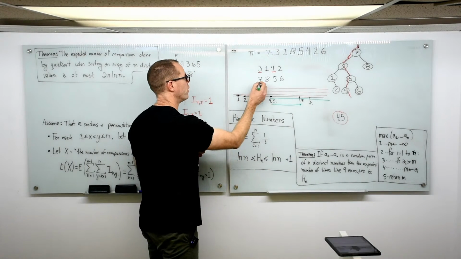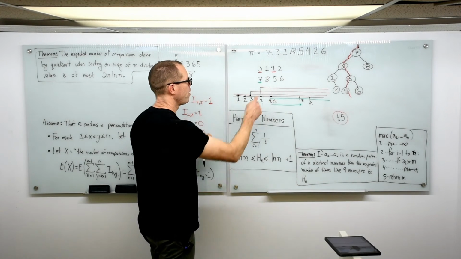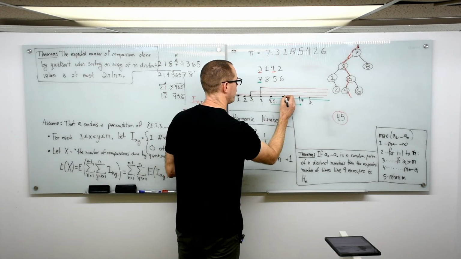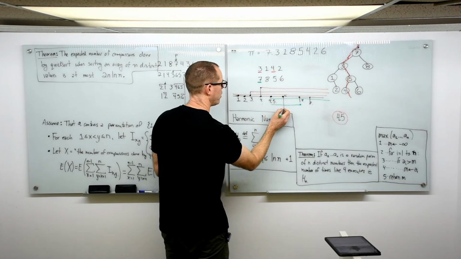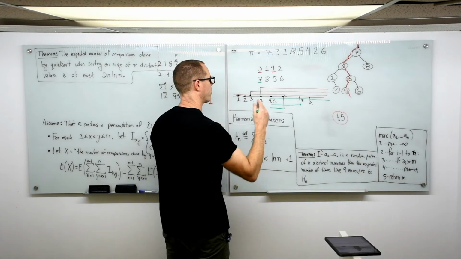So 7 was useful, but 8 didn't tell us anything. And then 5 comes along, which tells us something new.